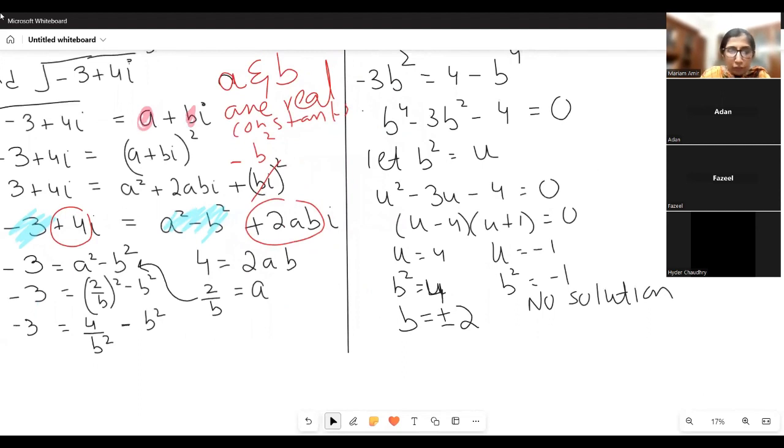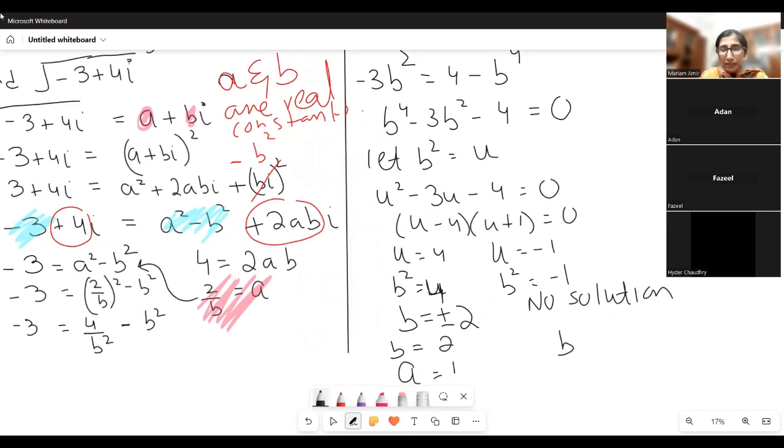Now we can find a from here. a was 2 by b. So when b is 2, we get a equals 1. And when b is minus 2, a is minus 1.